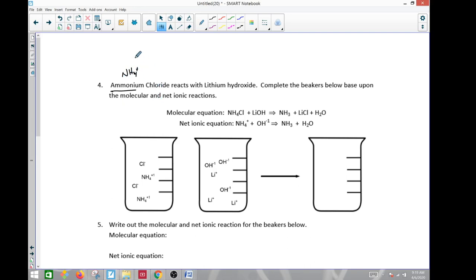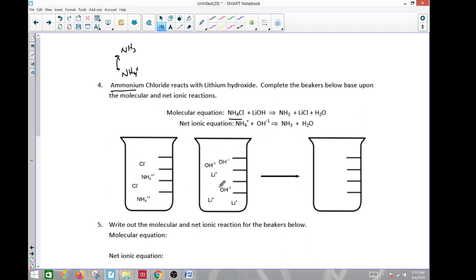Ammonium and ammonia, which is NH3, are two little brothers that flip back and forth between each other as you add an acid or base to them. And you'll see this guy here. Here's ammonium chloride. Here's this guy. So take a look how I wrote this out.